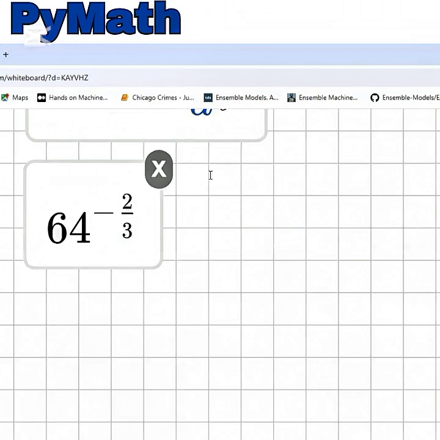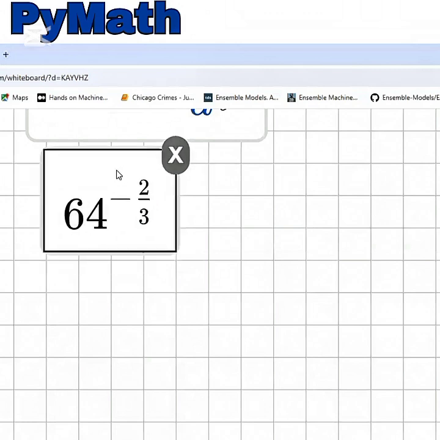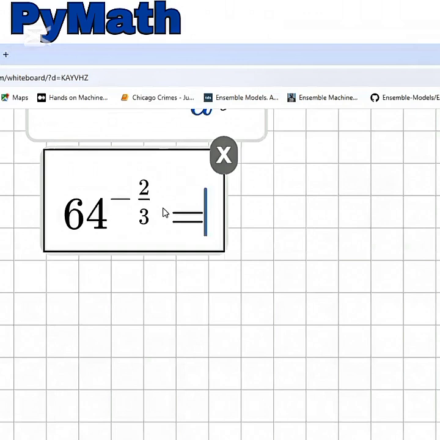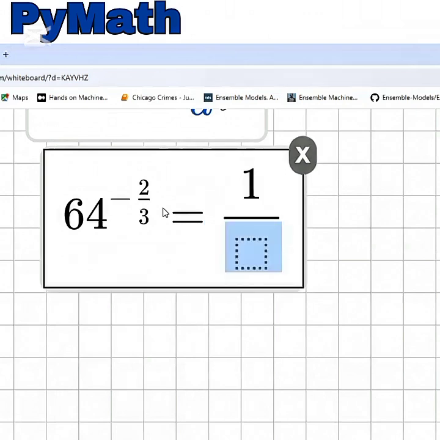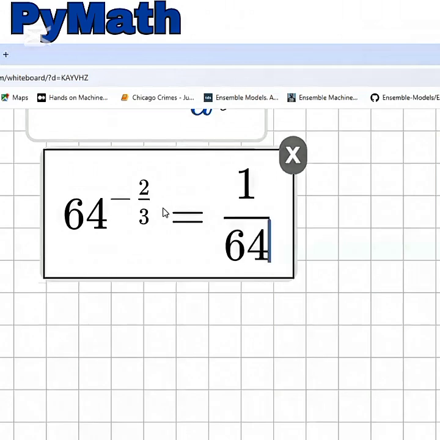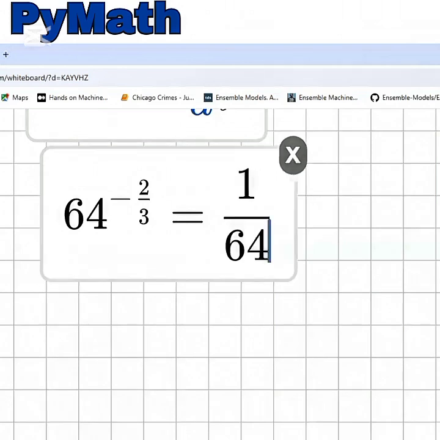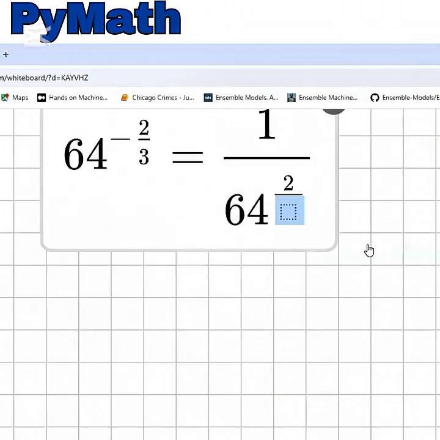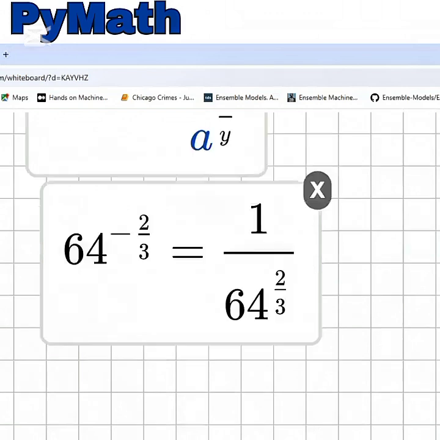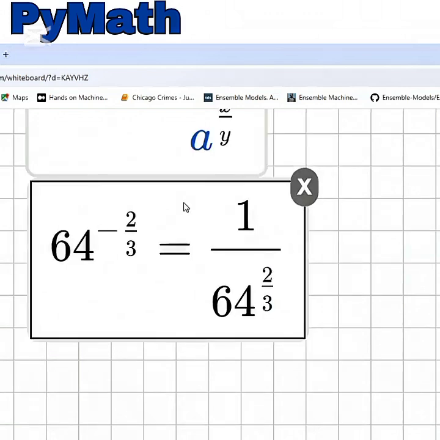How then do we express this? We follow the same principle we saw earlier. This will be equal to 1 all over 64 to the power of 2 over 3. So now the negative sign is off it.